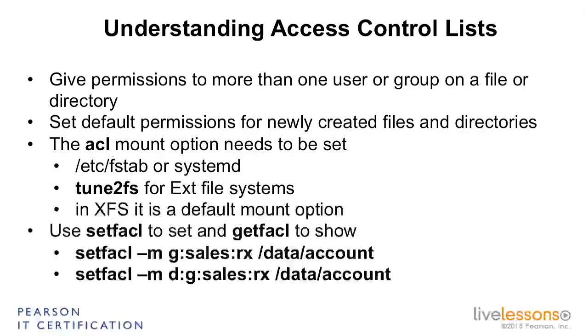Then there is setfacl -m d: and so on, and d: means that it is setting a default ACL. And this is going to take care of all the files that you are going to create later in the same directory. You want the permissions for these files to be set properly as well. So ACLs, always you will need two different commands to set them.